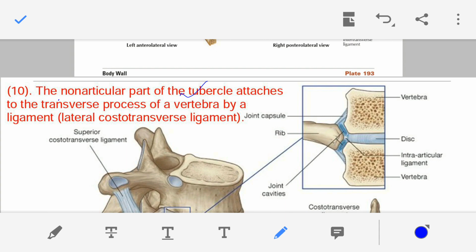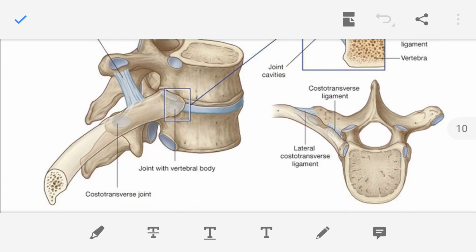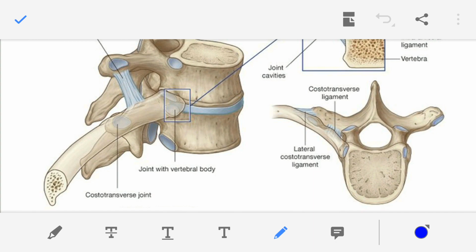So this non-articular part of the tubercle attaches to the transverse process. For example, this one is the thoracic vertebra. This one is the transverse process.